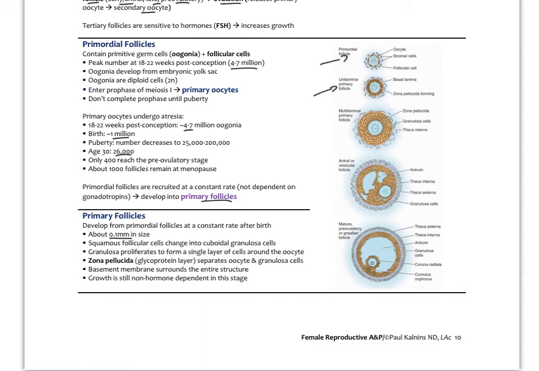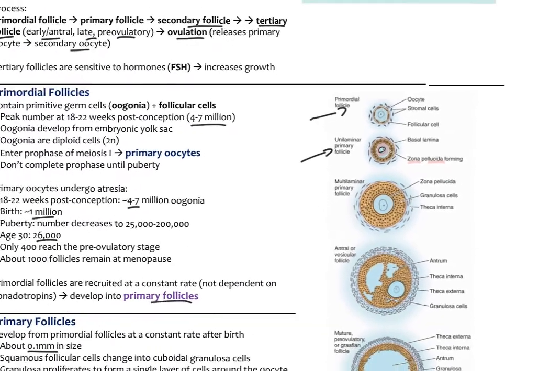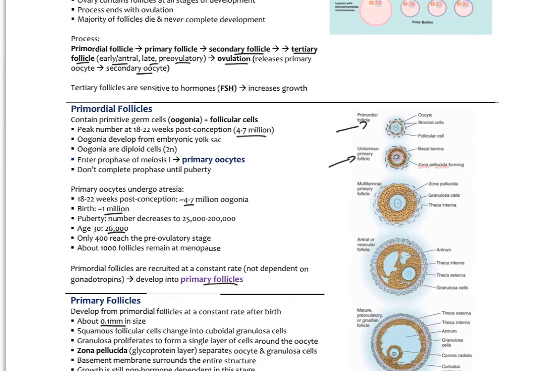And there's a glycoprotein. Let me zoom in on this a little bit. Between the oocyte here and this layer of granulosa cells, there is a glycoprotein layer. Maybe I will depict it in red here. This is known as the zona pellucida. This is extremely important because when the egg is ovulated, that zona pellucida will go with it.